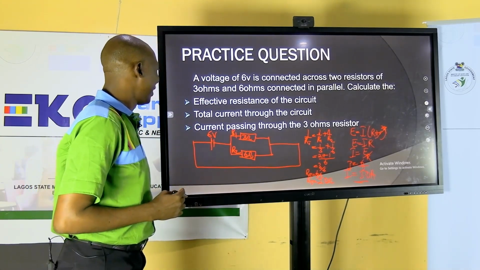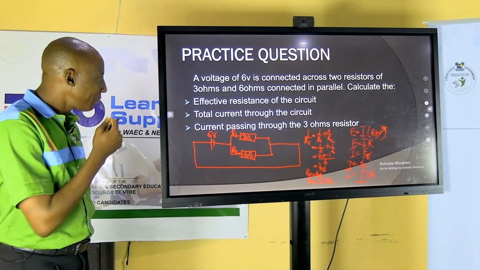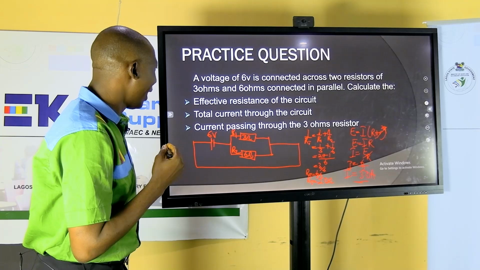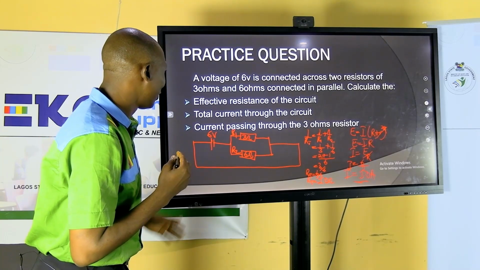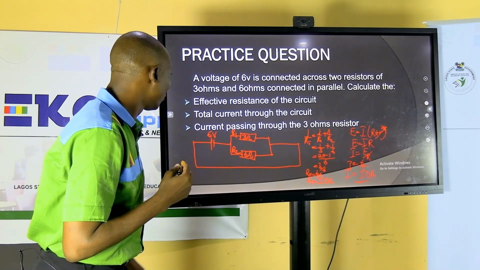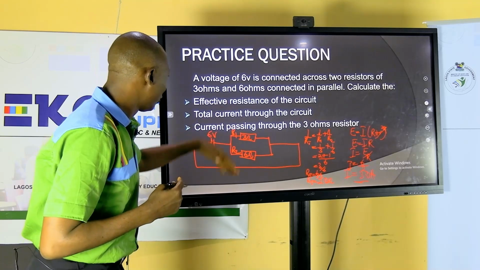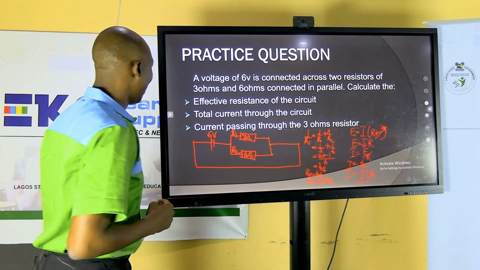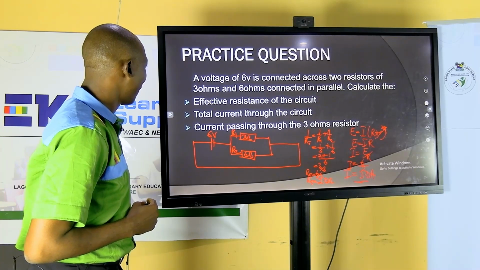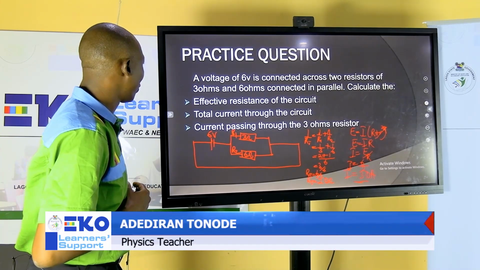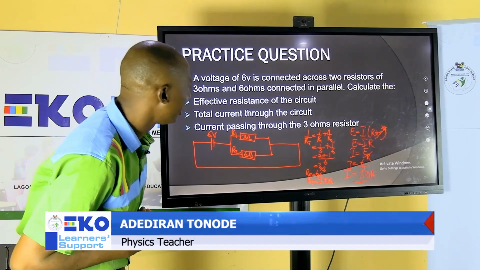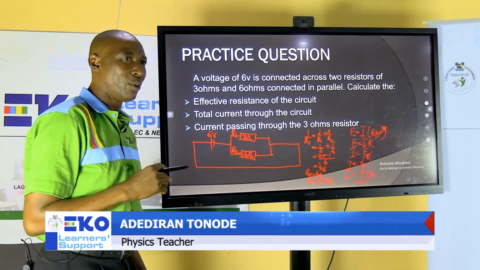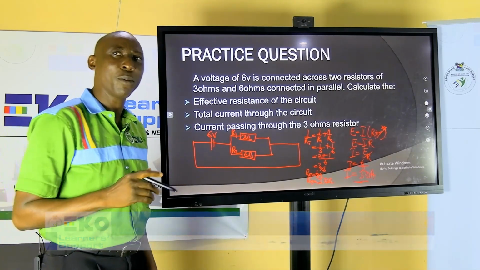Current passing. Like I said, look at it. We have been able to see the current flowing through the circuit to be this. Now, is it possible for us to know the current passing through the 3 ohms? It is possible. But I told you something a couple of minutes ago.